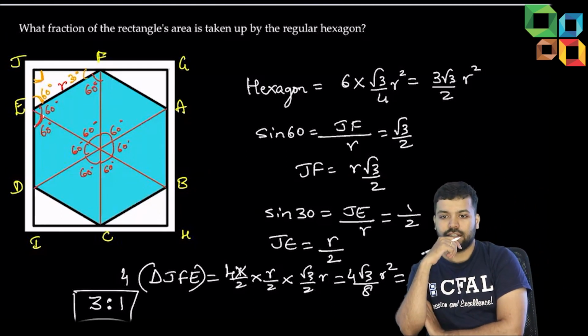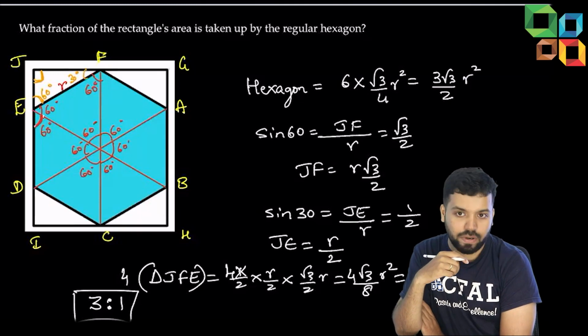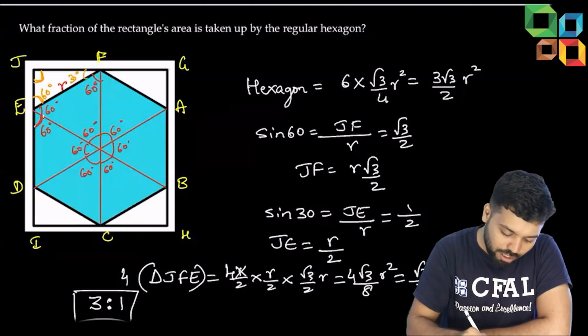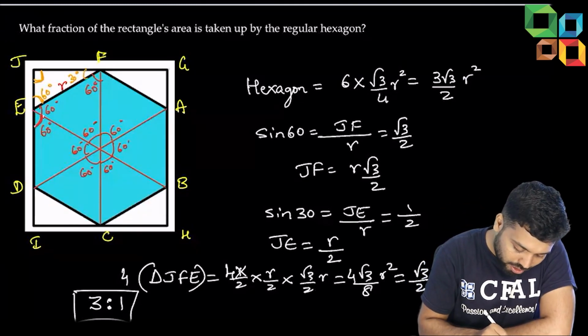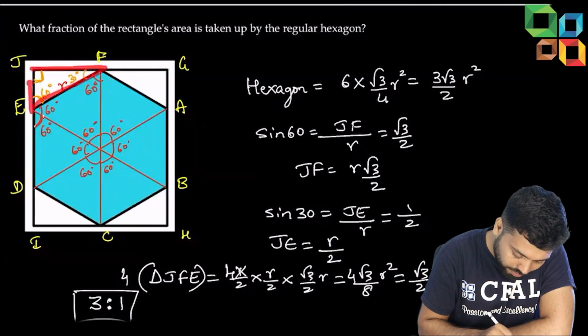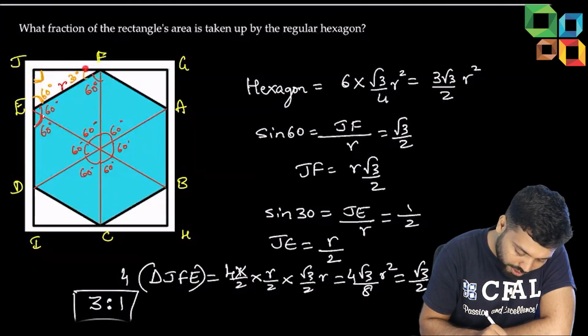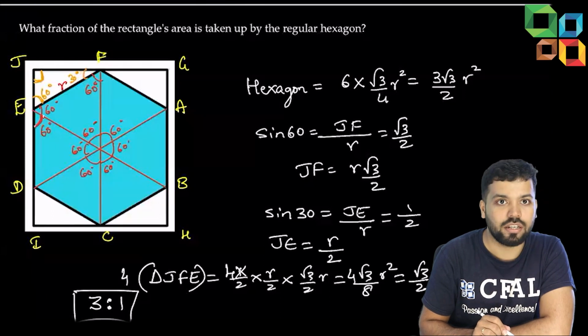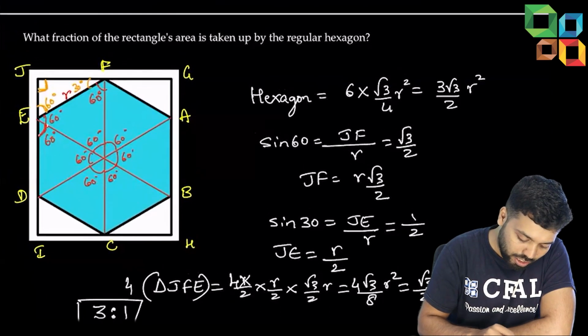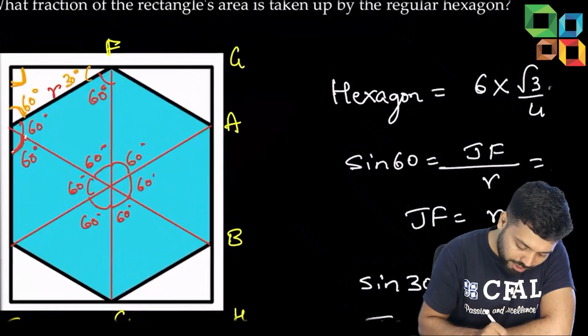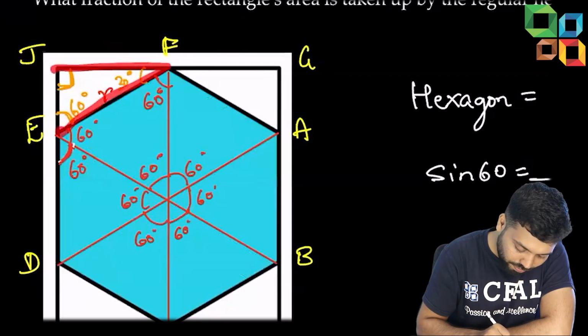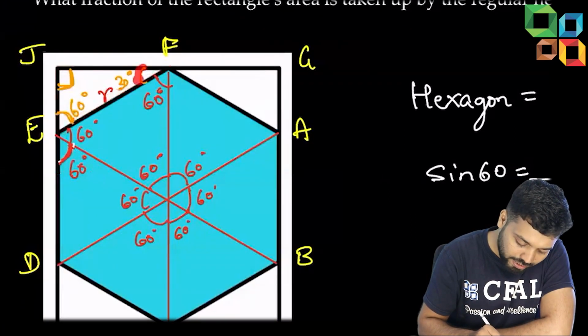Okay, is this clear? How is JE R by 2? Because if you take this triangle, this is a right angle triangle with this angle F being 30°. So I can zoom it out. If you take this triangle, this angle is 30°. I'll apply sine 30 here.